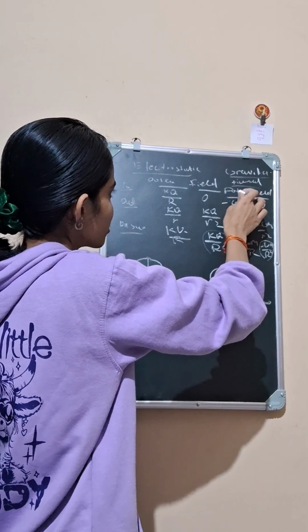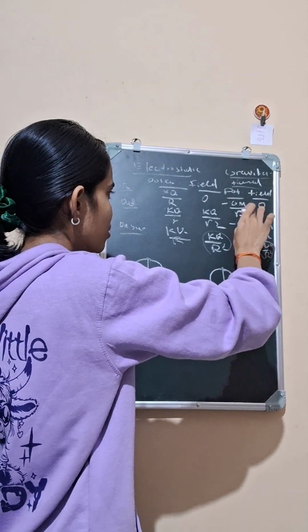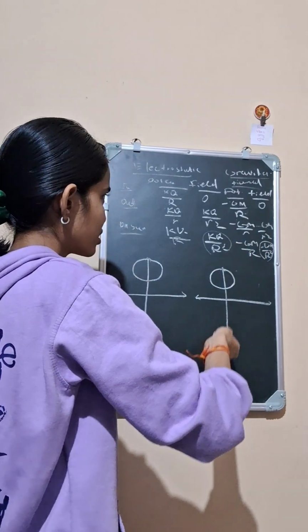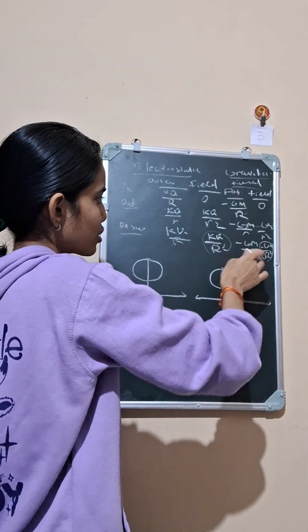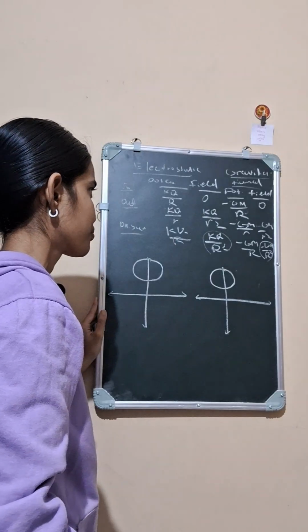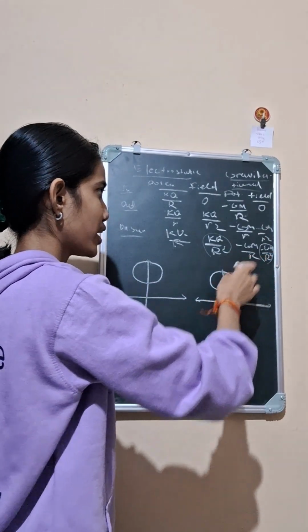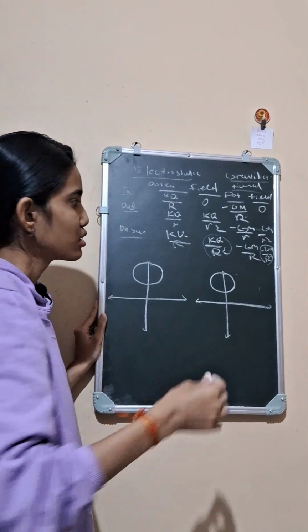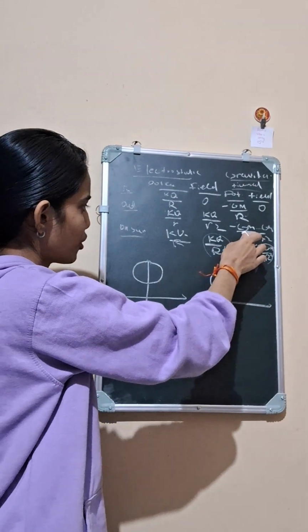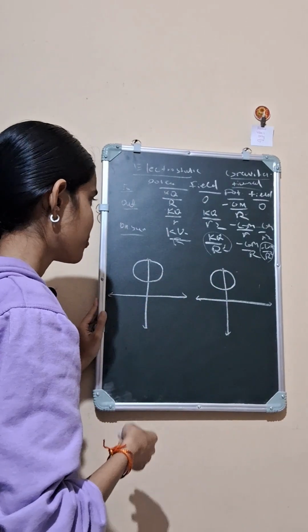So here first, potential is minus Gm by r outside the sphere, and inside and on the surface it is minus Gm by capital R, and small r is actually greater than capital R, because for a point outside the sphere the distance will be greater than the radius, right?